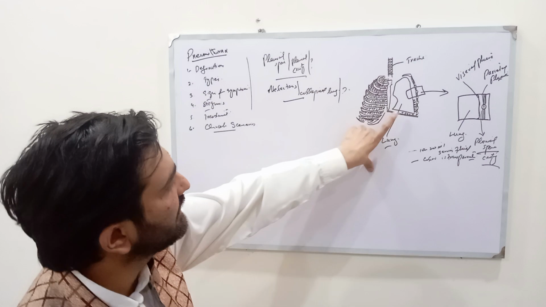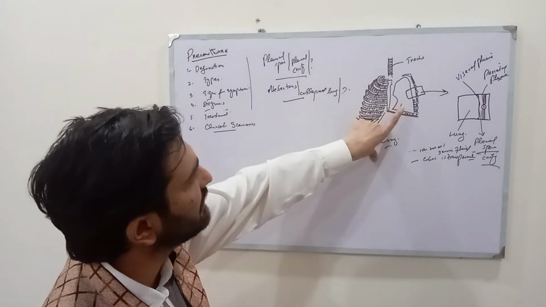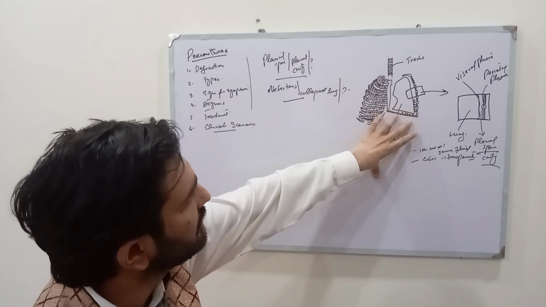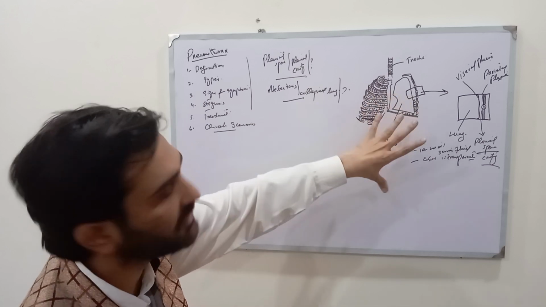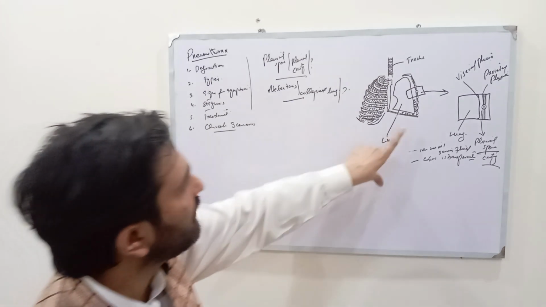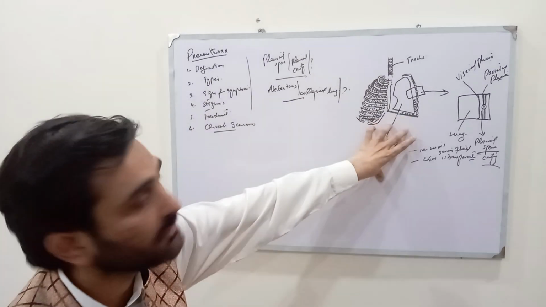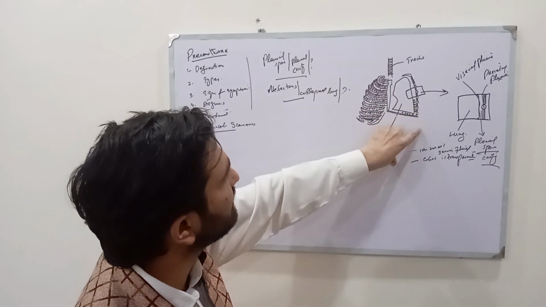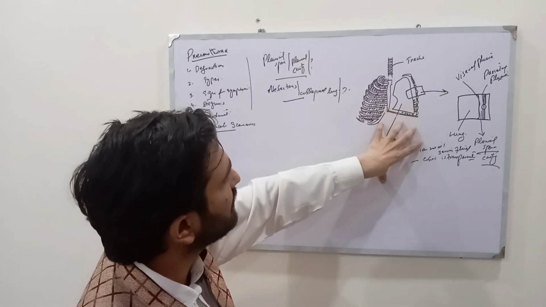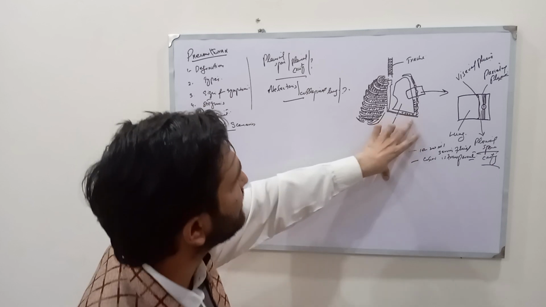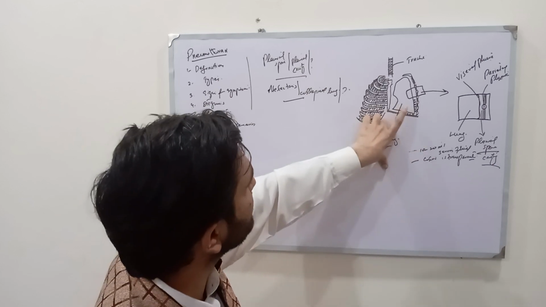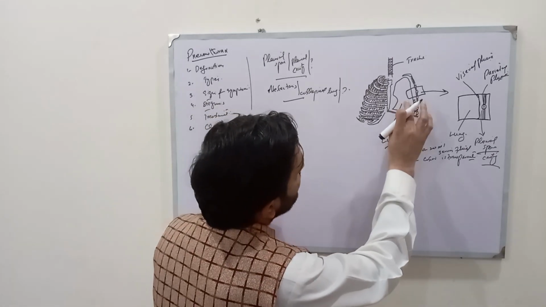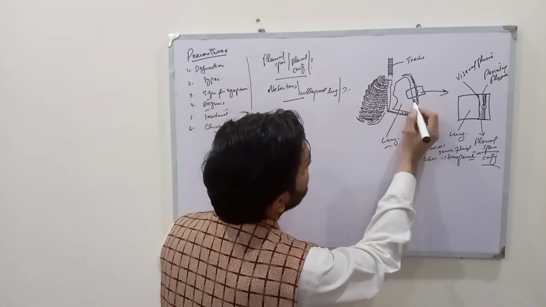Normally, the pressure inside the lung is greater than the pressure inside the pleural space or cavity. But when air, fluid or blood accumulates in this space, the pressure in this space increases beyond the pressure inside the lung, and ultimately the lungs shrink.